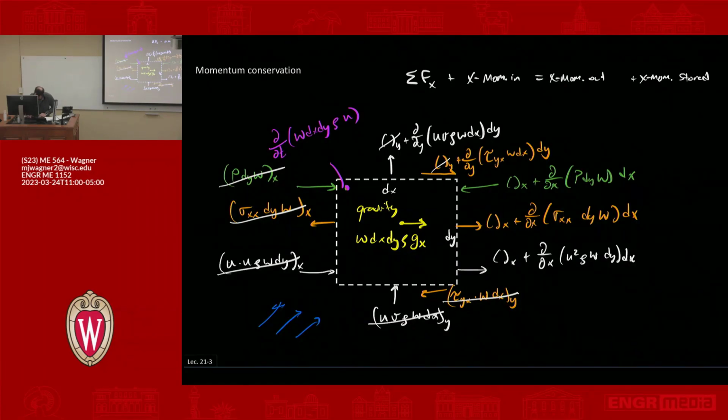And so these little guys cancel here, right? Once we've done that and we realize all these equations have to be added up, we can look at stuff that's common, right? So again, we have our w term appearing in every term. So that can cancel. dx and dy can cancel because they're constants. And so when we actually go to write this out, we would get the following equation.